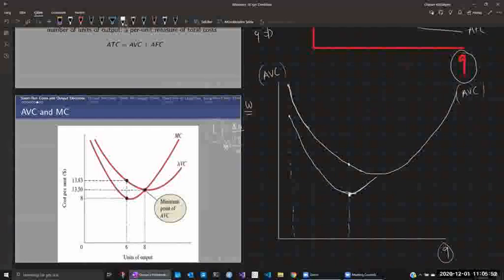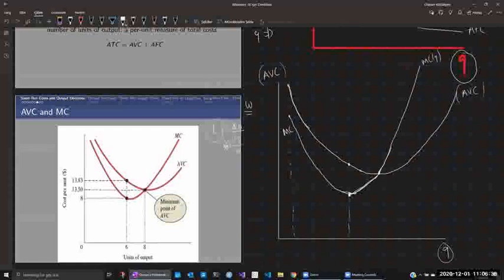So the average variable cost keeps decreasing, and they become equal at some point, right? After this point, since marginal cost keeps increasing, the average variable cost also increases, because now marginal cost is higher than average variable cost, okay? And this is the relationship between the marginal cost and average variable cost.